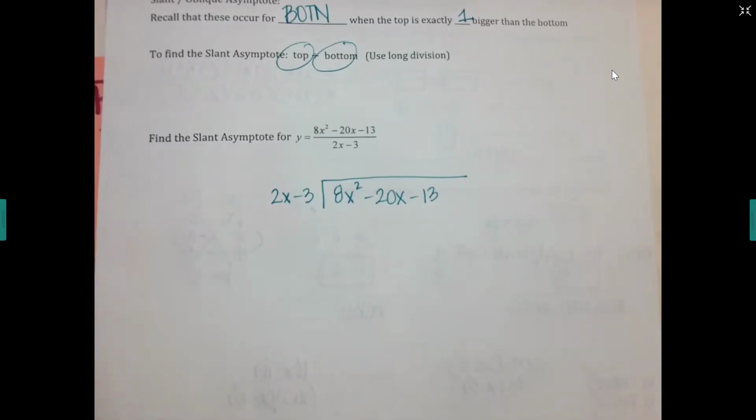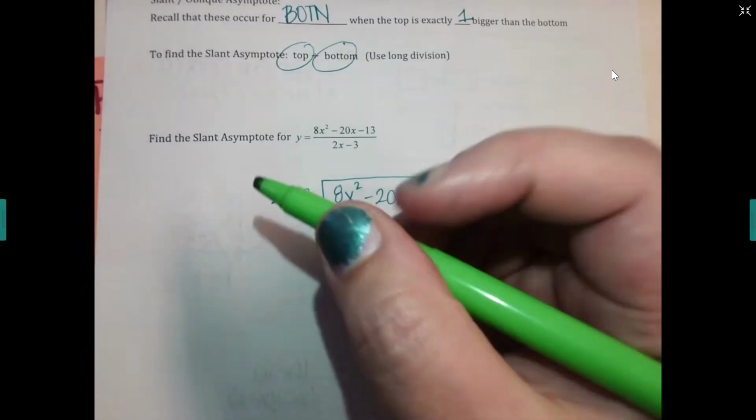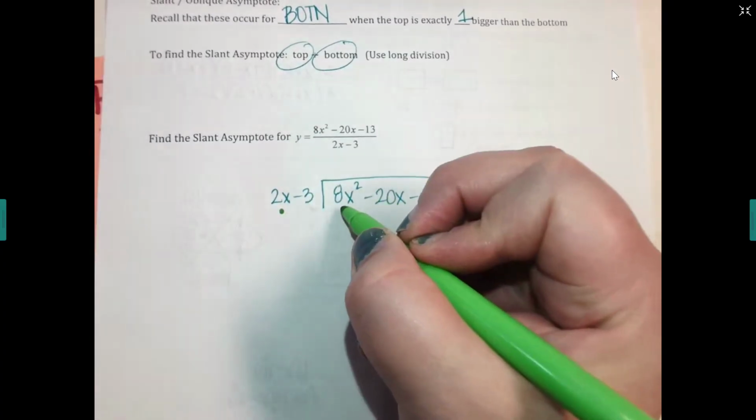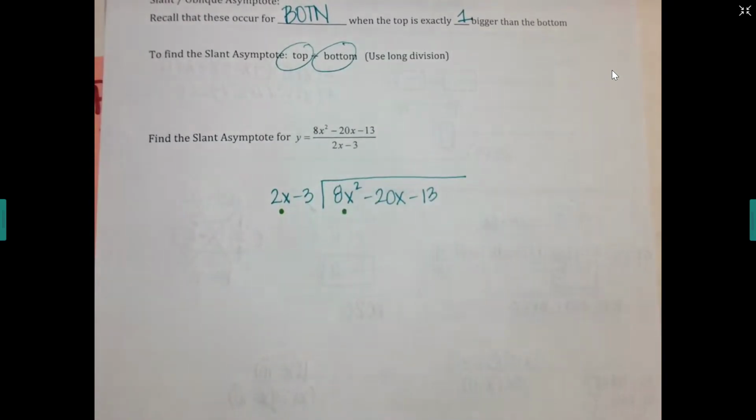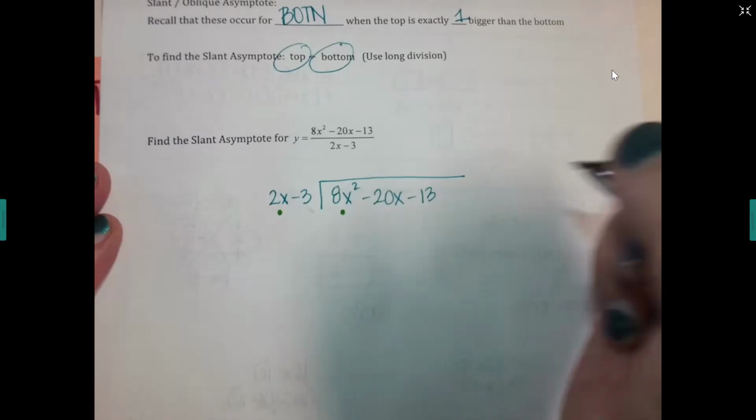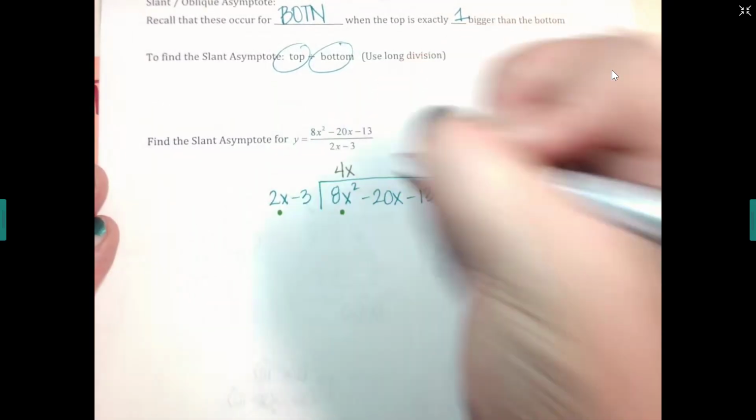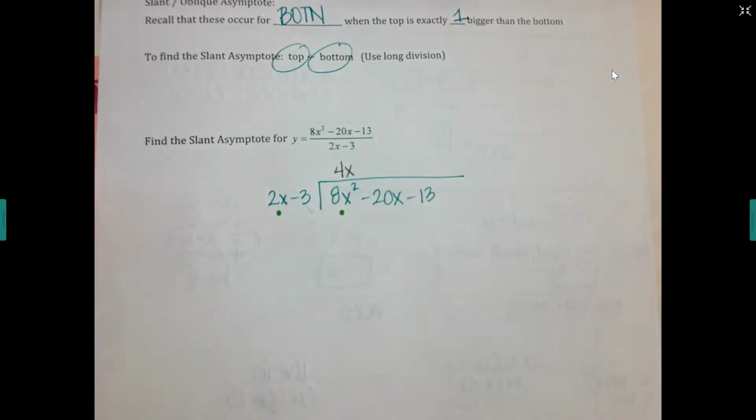Okay, remember how long division works. You want to know what would I times this number by to perfectly match this number. So if I have a 2x and I want it to be an 8x squared, what do I need? 4x. Very good. And then 4x will multiply by 2x and minus 3.